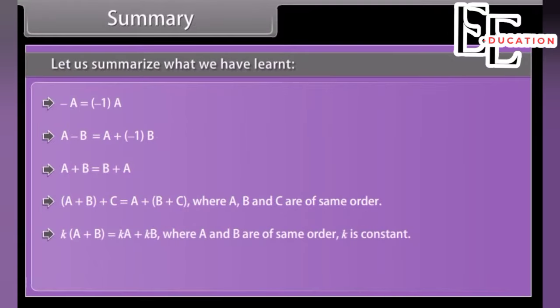K into A plus B is equal to K into A plus K into B, where A and B are of the same order and K is a constant. K plus I into A is equal to K into A plus I into A, where K and I are constants.